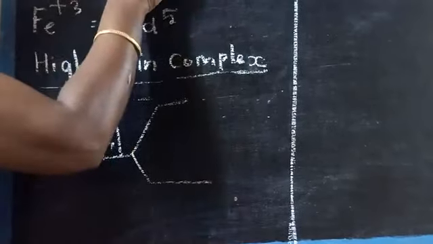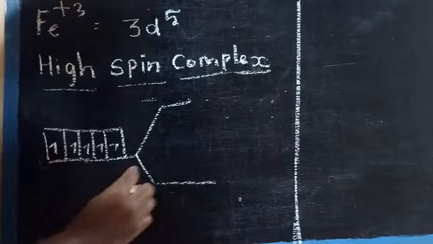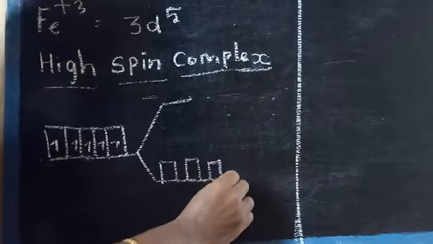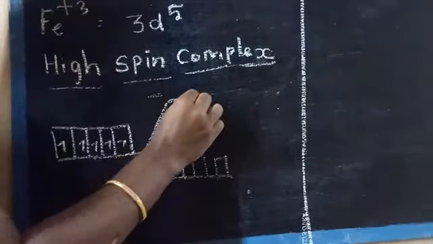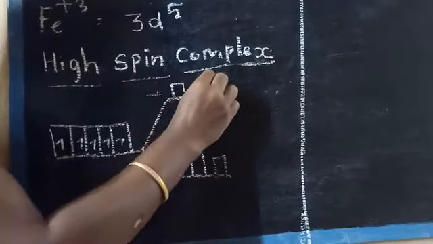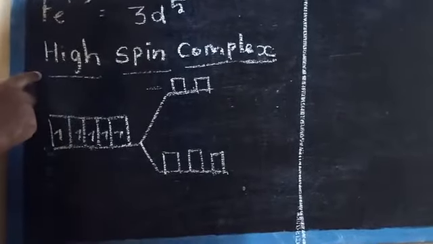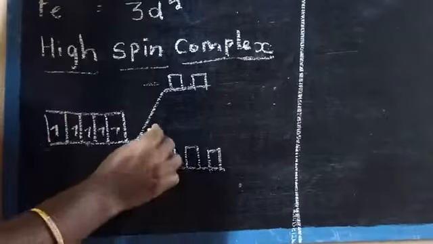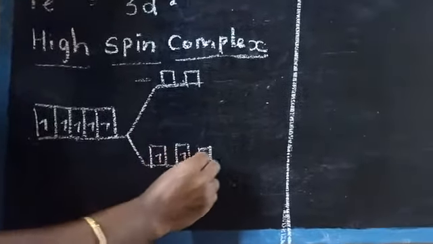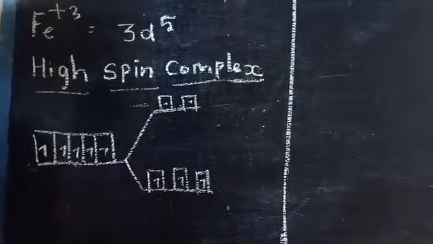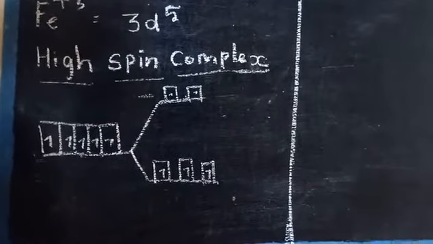Here 6 ligands, so it is octahedral. So octahedral means t2g is the lower energy level, eg is the higher energy level. Okay, so here 5 electrons. Okay, in high spin complexes, 1, 2, 3, 4th electron and 5th electron, no pairing. Only in low spin is there pairing.